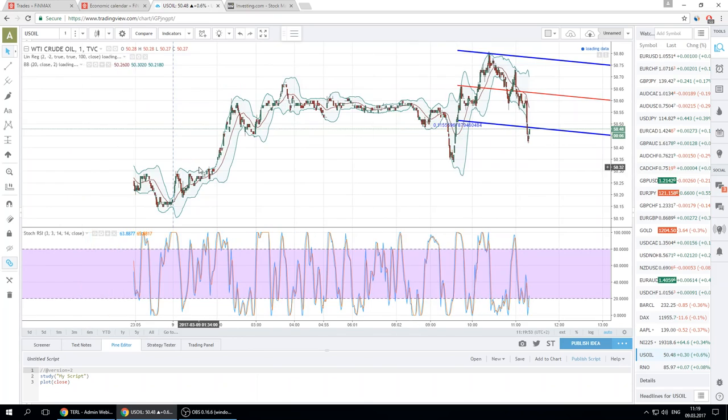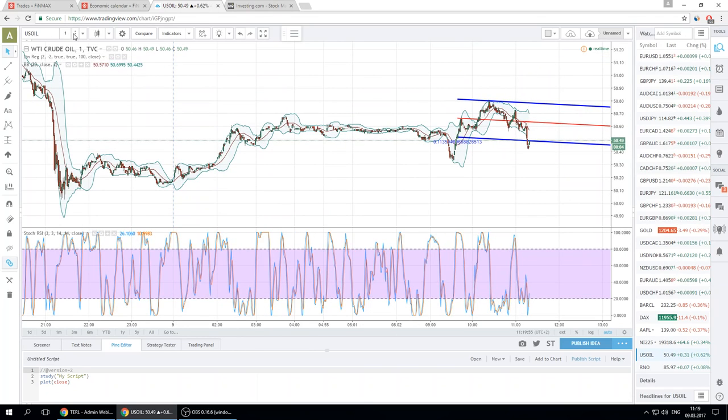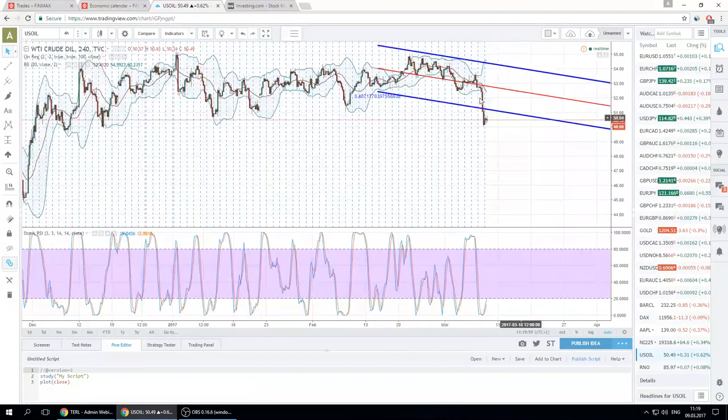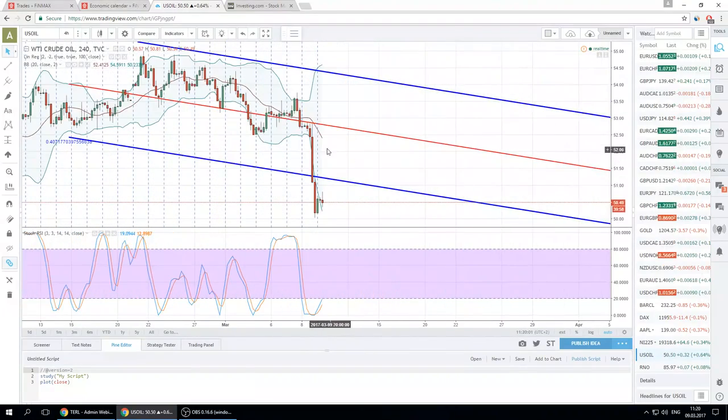After yesterday it fell. You see that yesterday the price on oil fell pretty hard, and today, well, for the long term it's hard to tell.